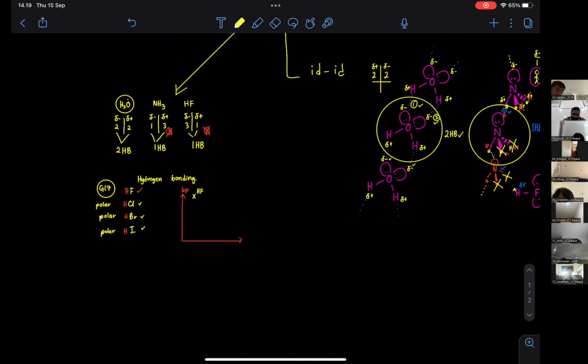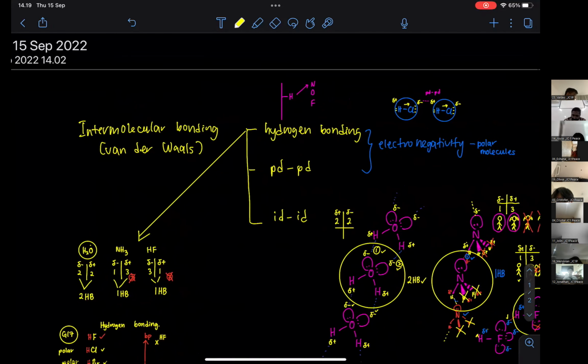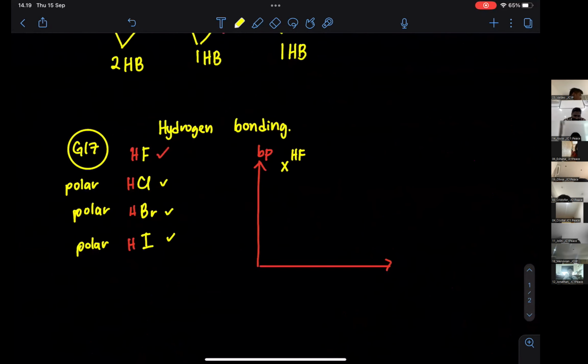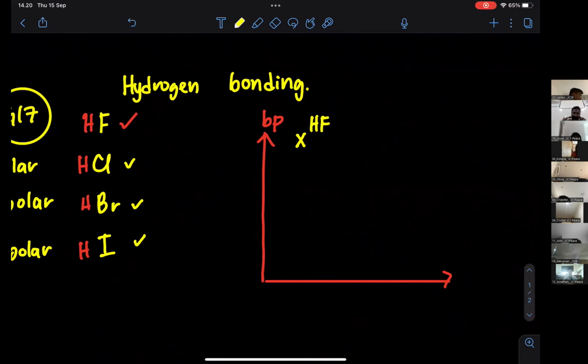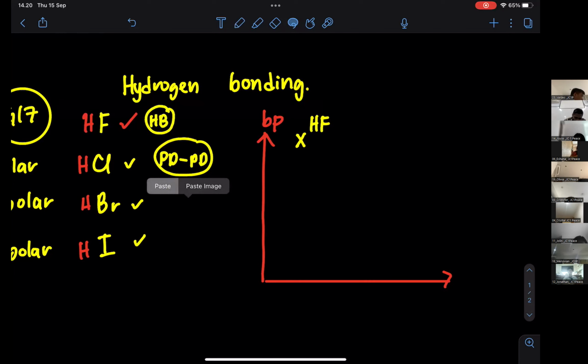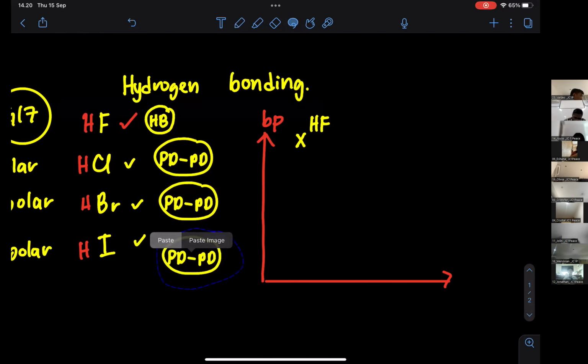If they are polar molecules, it can be either hydrogen bonding or PD-PD. In this case, hydrogen bonding only applies for N, O, F. So this is hydrogen bonding, but all these will be PD-PD, permanent dipole. That will influence their boiling point.